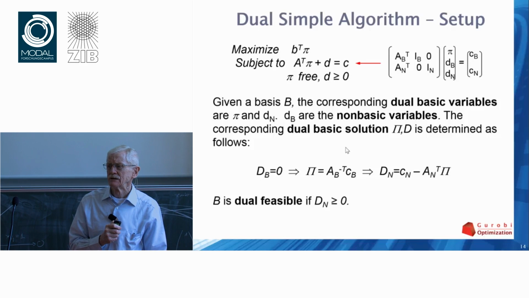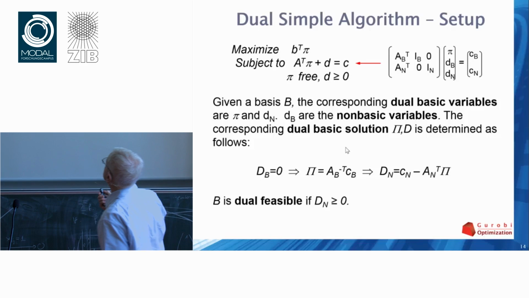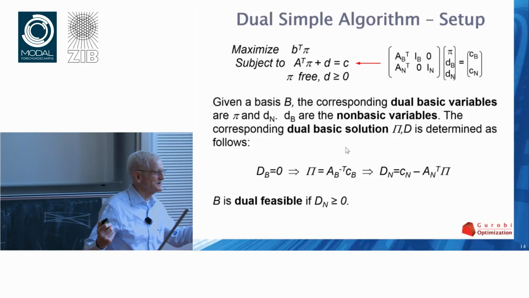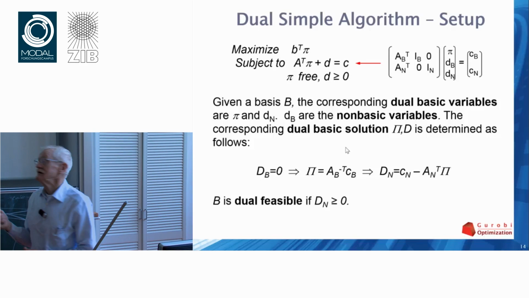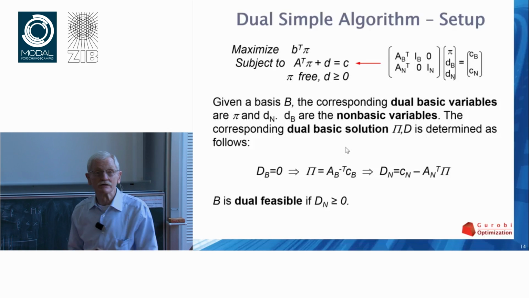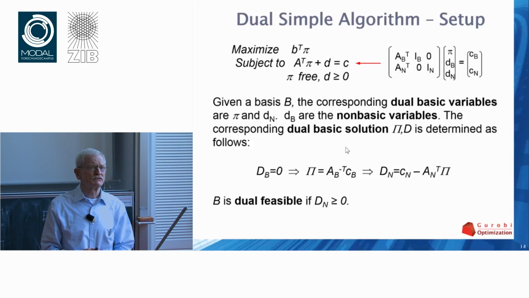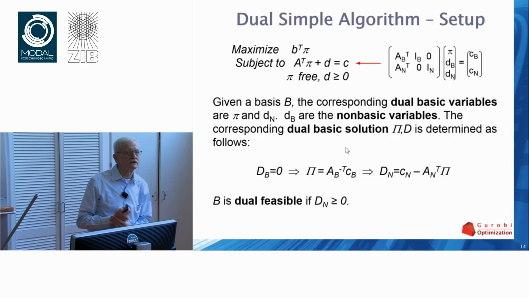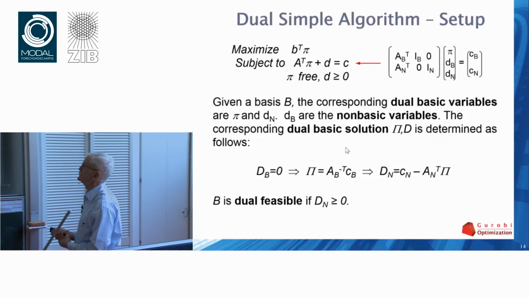And it's easy to see that that matrix is non-singular. The I_N part certainly is non-singular. It's an identity. It's going to be non-singular if and only if A_B is non-singular, which it is. So this definition always gives you a subset of columns that determine a non-singular matrix in the dual.